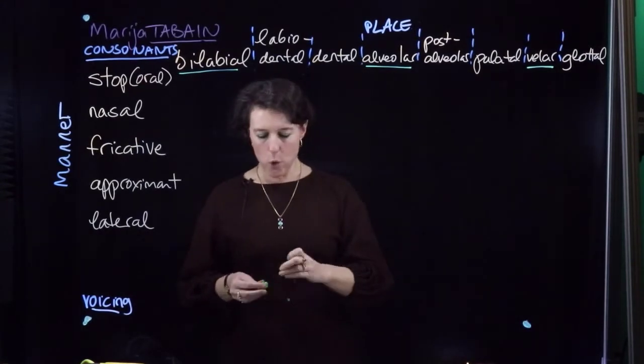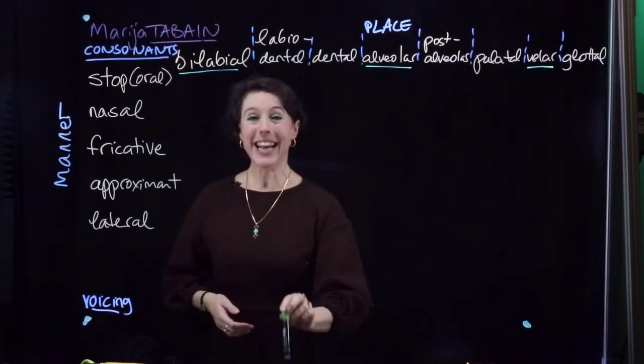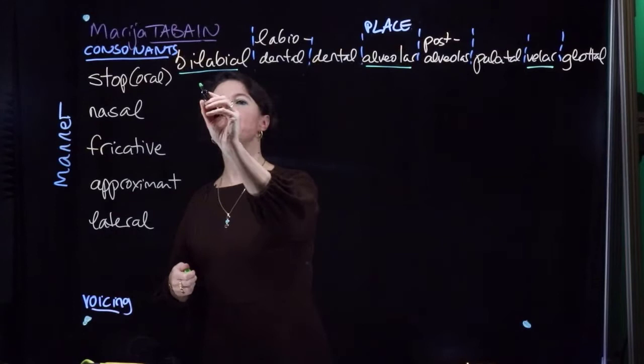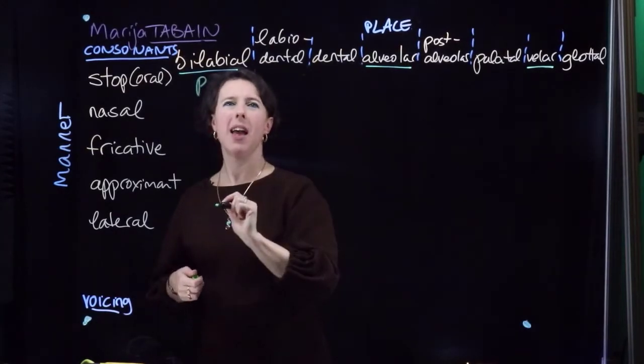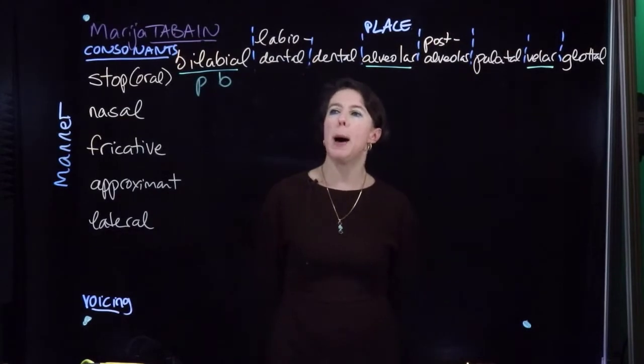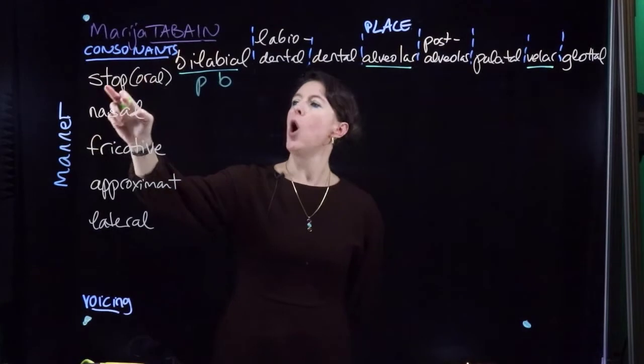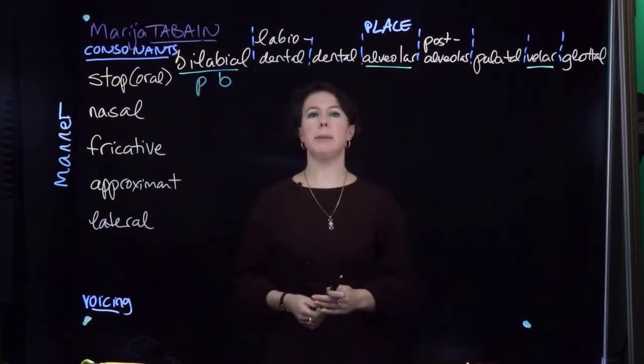Okay, so the bilabial place of articulation. So in English, these would be the sounds p and b. Okay, so let's just start with, and we say that they are stops, oral stops. So what does this mean?